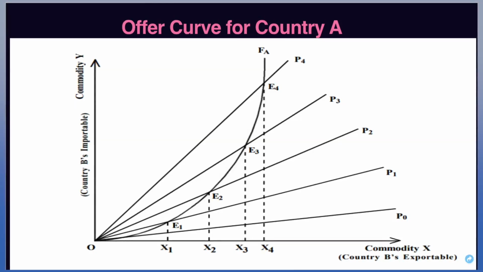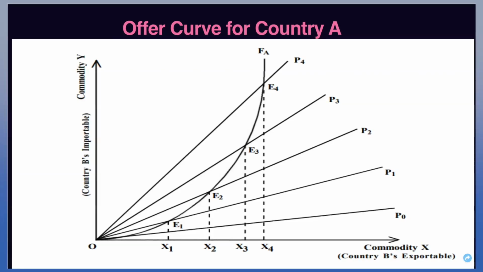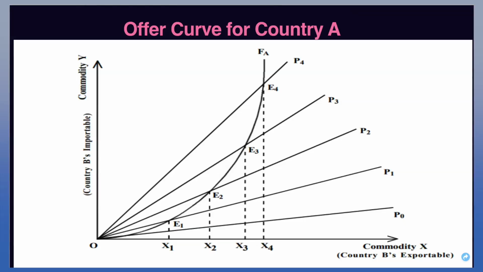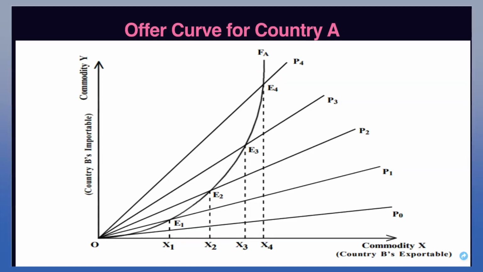Now, if the price ratio line is OP1, country A keeps X1X0 quantity of commodity X for consumption by home people, and the remaining OX1 will be exchanged for E1X1 units of commodity Y at point E1.